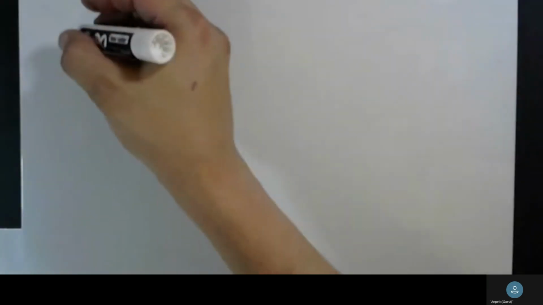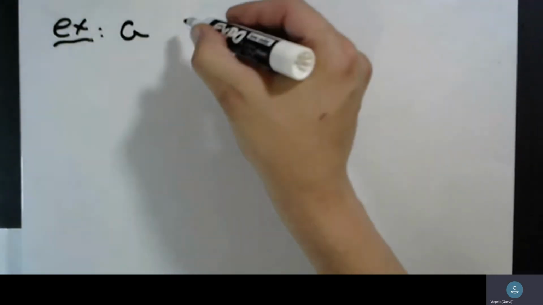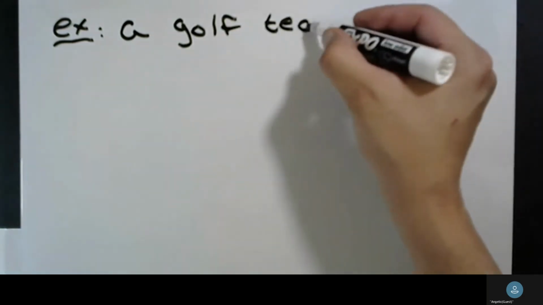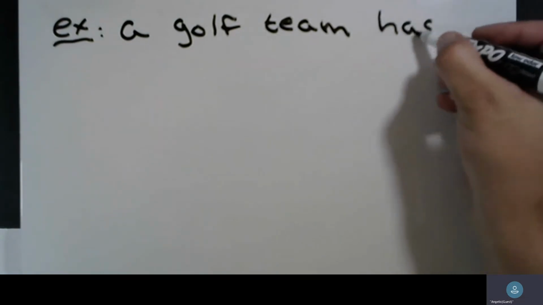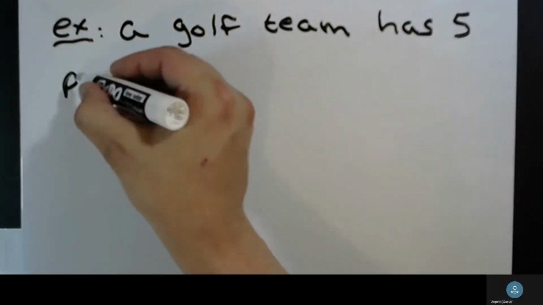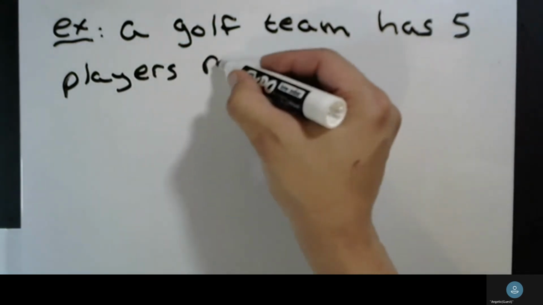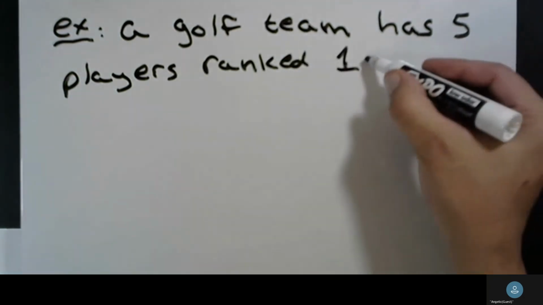So let's look at an example. Let's say we have a golf team that has 5 players ranked 1 through 5.